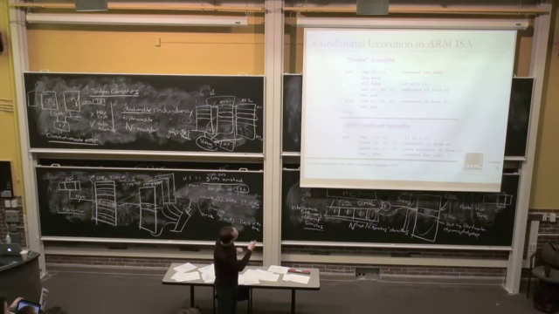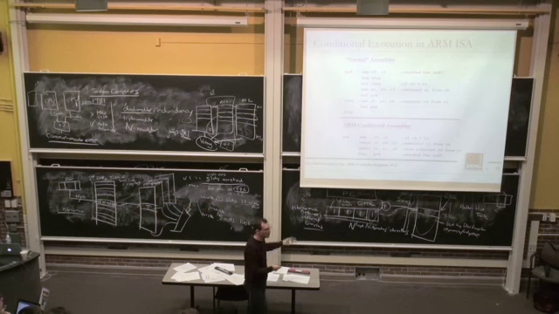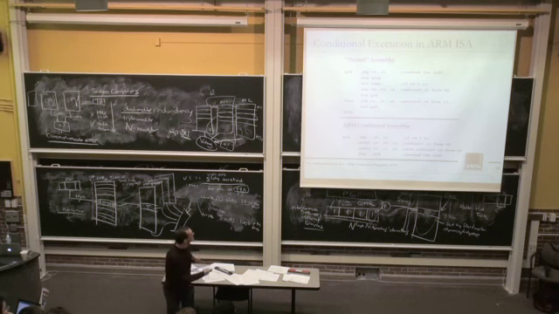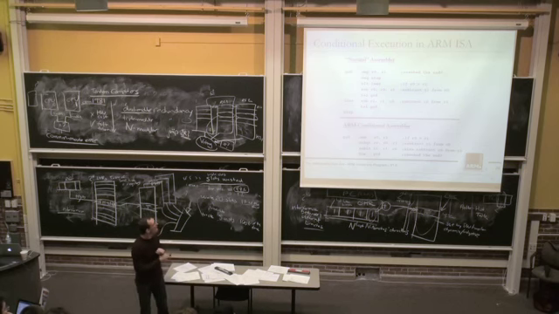So you can actually reduce the code size as well if you use the conditional execution here. Does that make sense? I'll let you study these slides. It's relatively simple. It's the same thing as the control flow graphs that I showed you earlier, except it's a real example with the greatest common denominator.